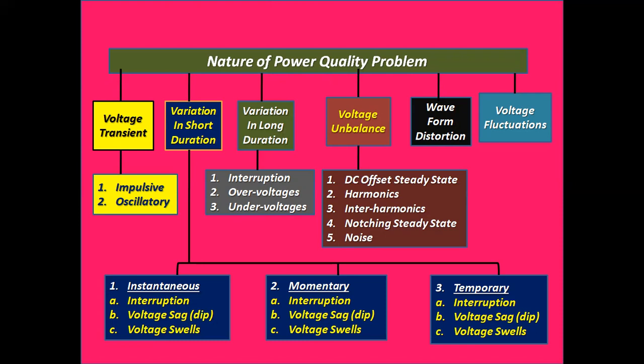In instantaneous, that is the interruption, voltage sag or voltage dip, voltage swells, that is higher voltage. In momentary case, interruption, voltage sag, that is dip, voltage swells. Number three, temporary, that is interruption, voltage sag, voltage swells.